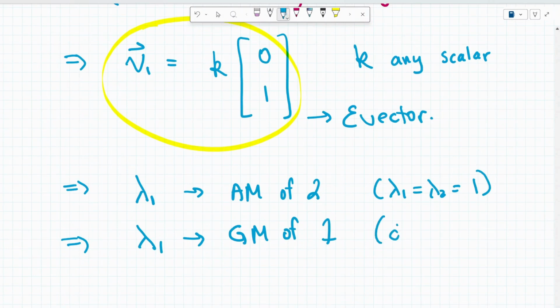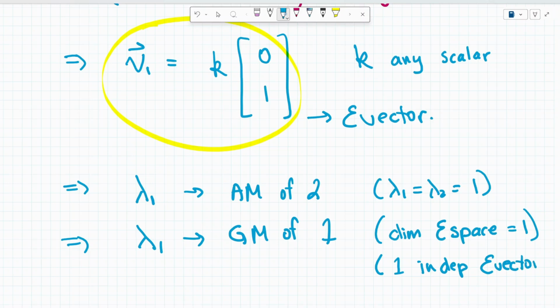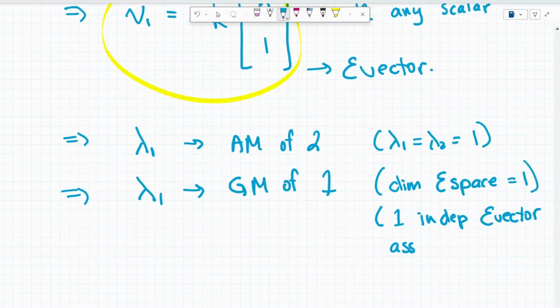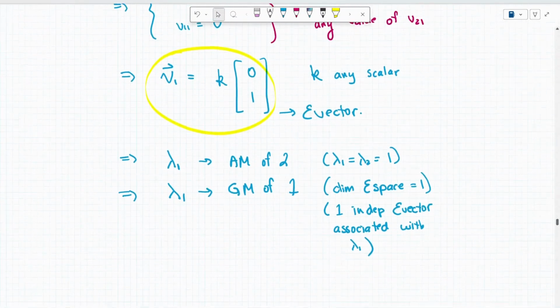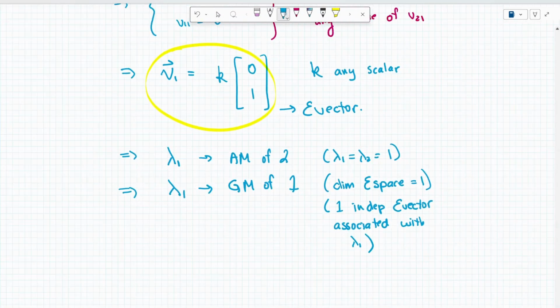Because the dimension of the eigenspace equals 1. You can also see that we only have one independent eigenvector associated with lambda 1. So this is our only eigenvector. Since we only have one eigenvector associated with that eigenvalue, the dimension of that eigenspace is 1, and as a result, our geometric multiplicity is also 1.